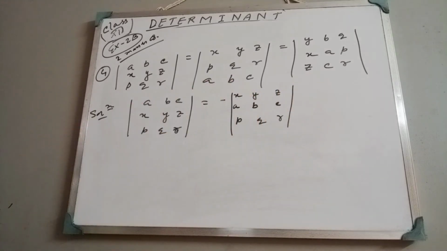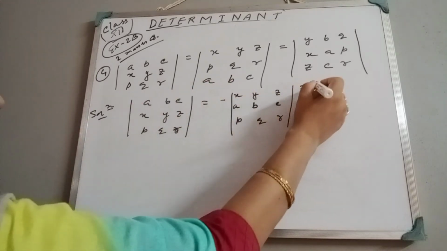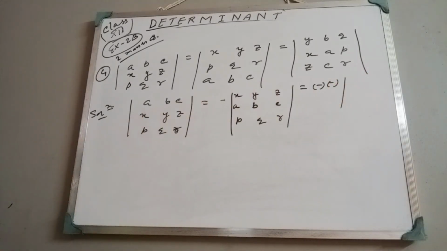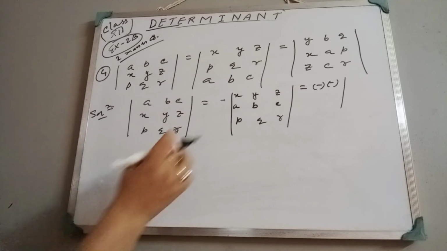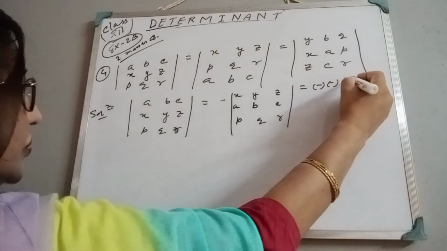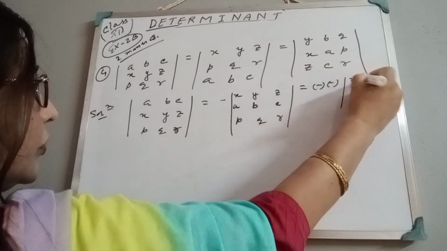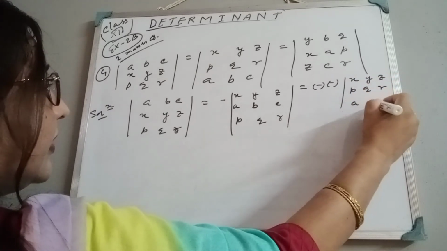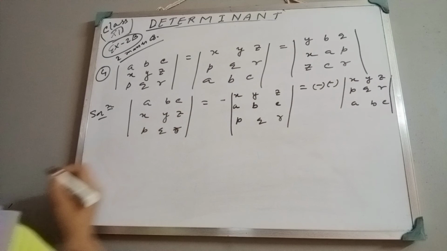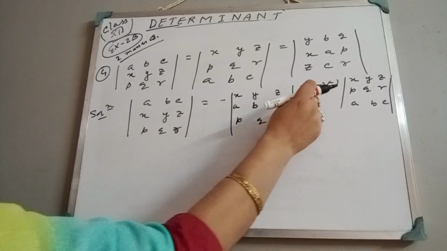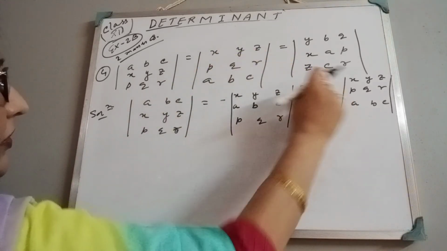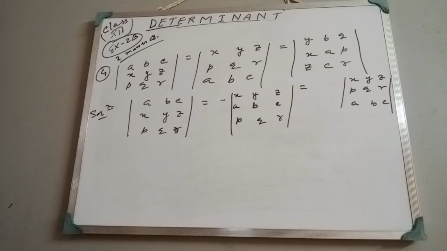So minus sign is there. Similarly, again minus into minus, because the first row is unaltered and the second and third rows are interchanged. That is why another minus is there. So X, Y, Z, then P, Q, R, and here A, B, C. Minus into minus gives plus, so X Y Z, P Q R, A B C. So this is the second determinant proved.